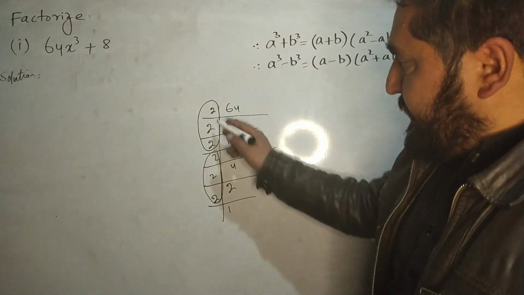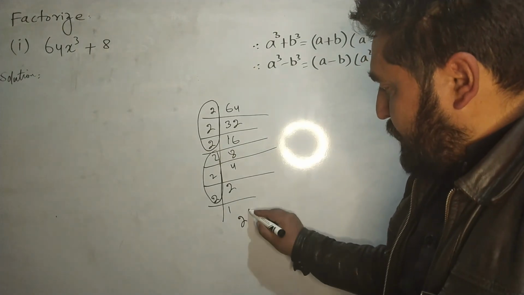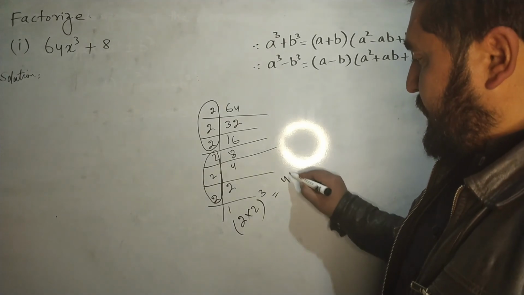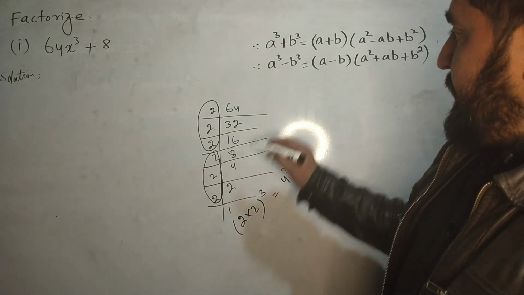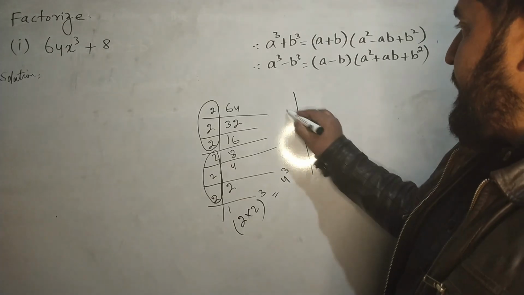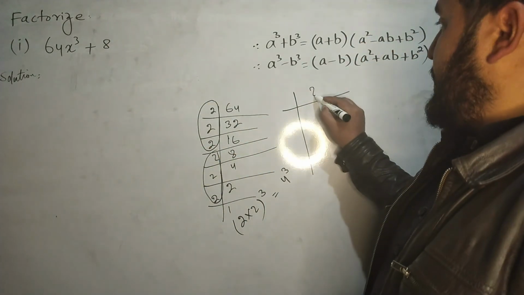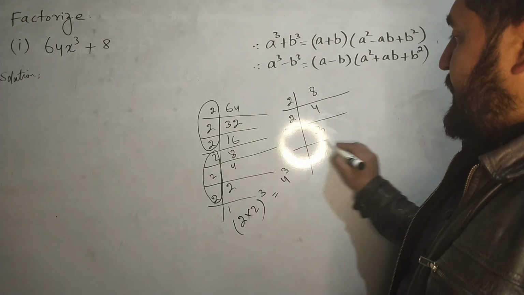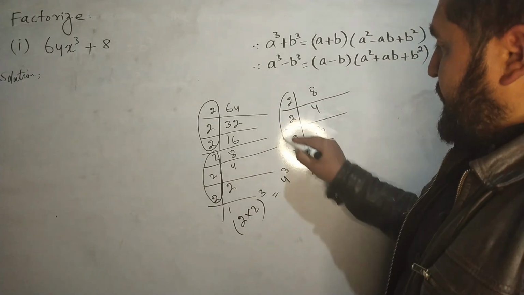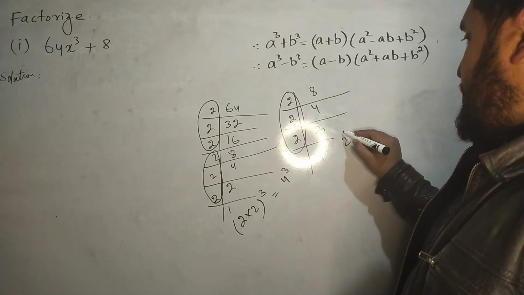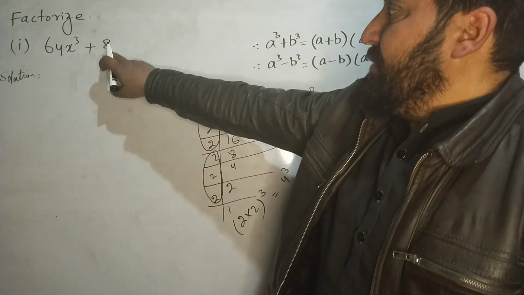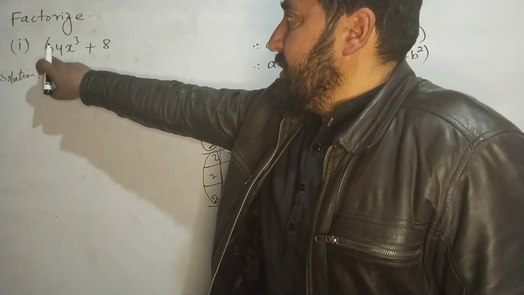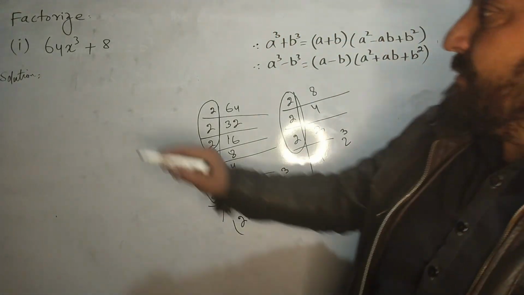Now we write this as 2 multiplied by 2 whole cube, which is equal to 4 cube. The next one, let's suppose we are talking about 8. 2 times 4, 2 times 2, and 2 times 1. We take these three. So we can write 8 as 2 cube, and we can write 64 as 4 cube.